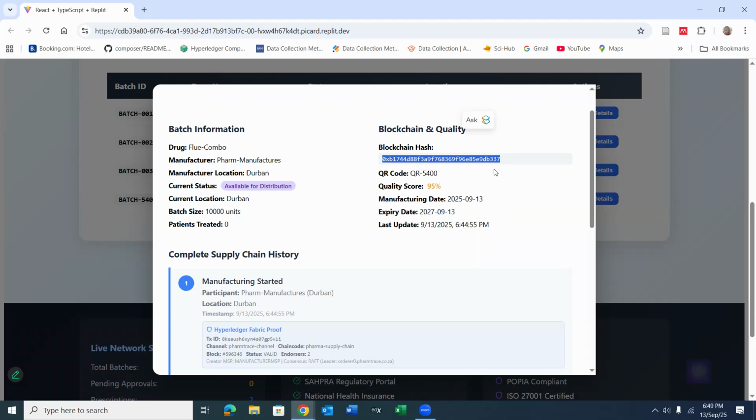That new hash is based on the information that they have, plus the information of the previous hash, which was the manufacturer hash produced when the manufacturer was generating that information.